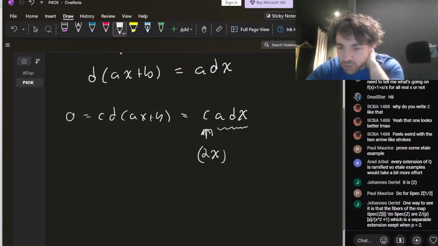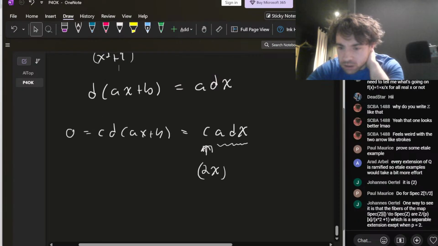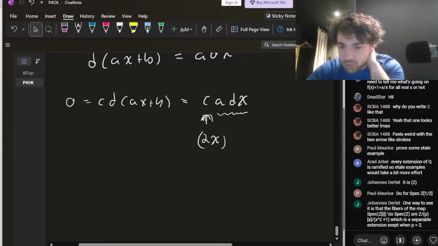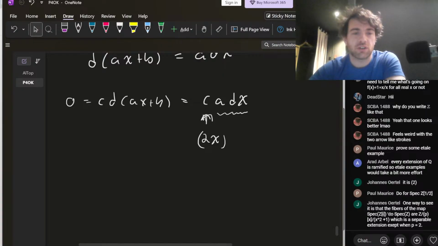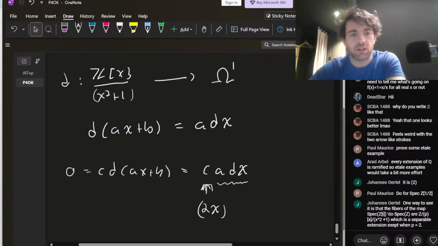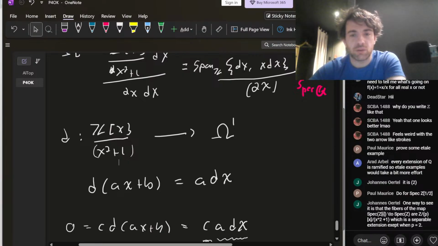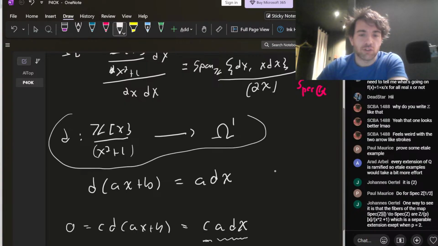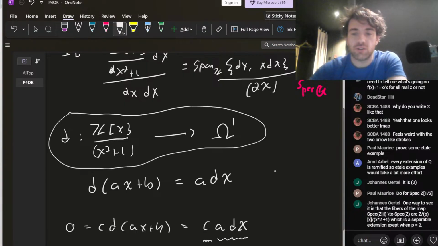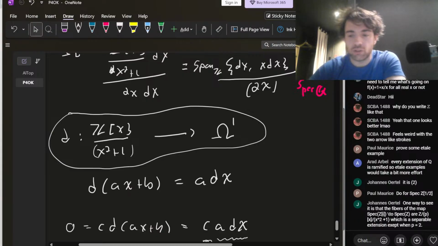One way to see it is the fibers of the map are Z mod p, which is a separable extension, except when p equals 2. I don't see how that solves it here though. I'm trying to go through the description of the annihilator of this map. I don't see. I could just be really smooth braining it this morning.